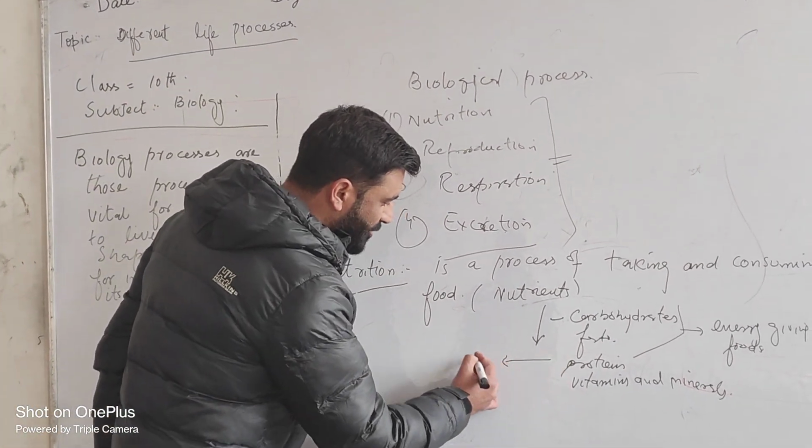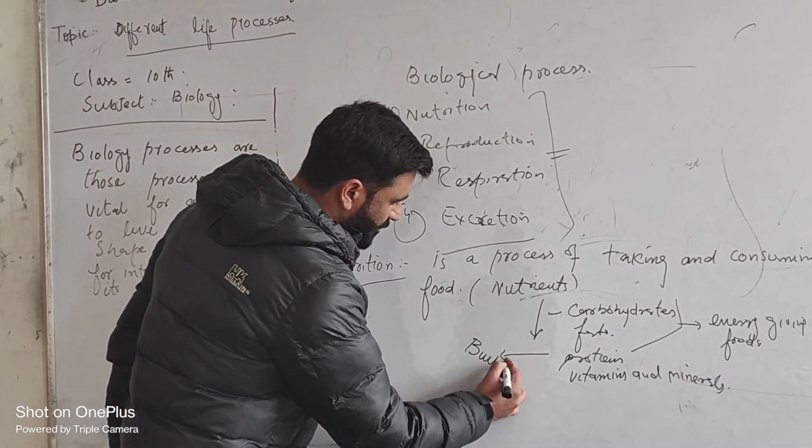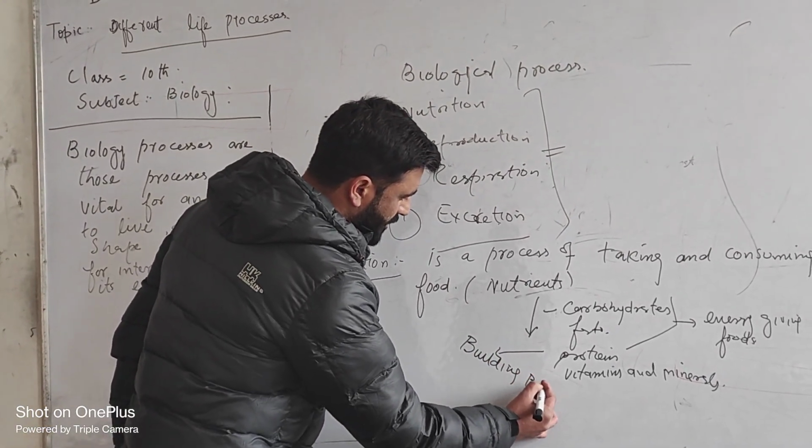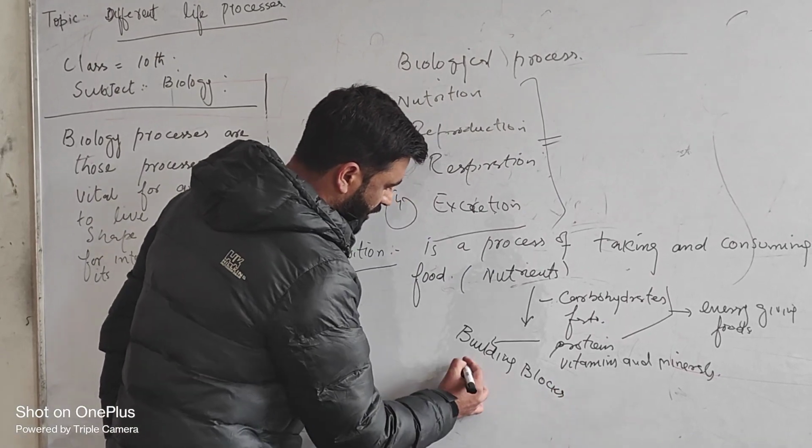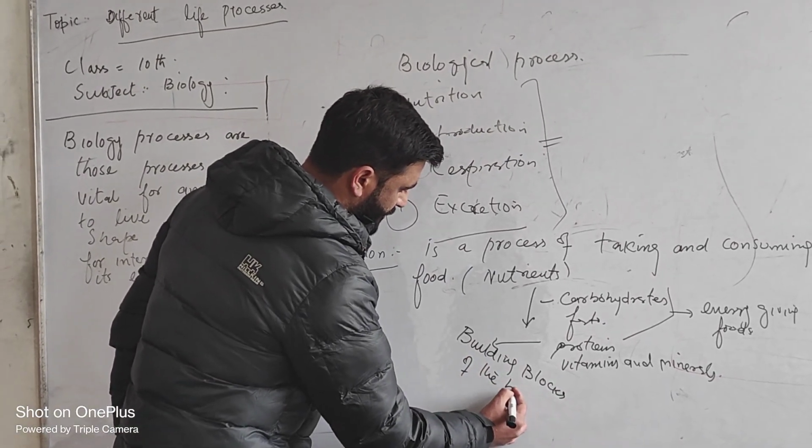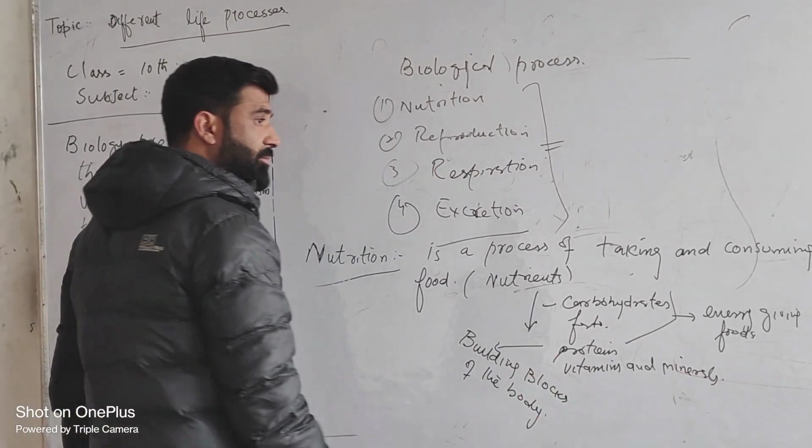Another type of food is proteins. Proteins are called the building blocks of the body. They build our muscles.